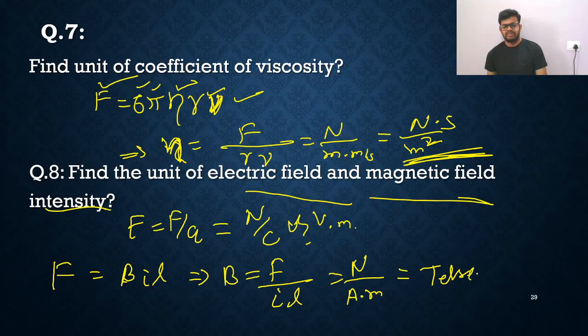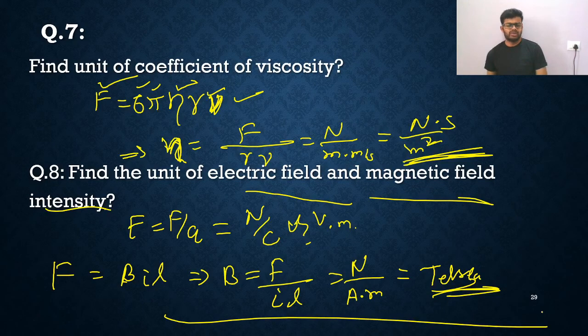You need to remember this: Newton per ampere meter is Tesla. So we got the unit of magnetic field also. Very simple thing. If you remember the physical formulas, then only you will be able to find the units, fundamental units or dimensional formulas.